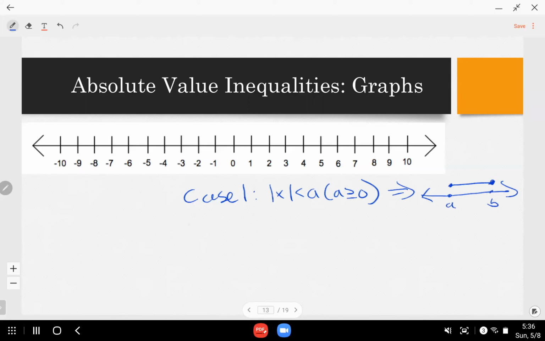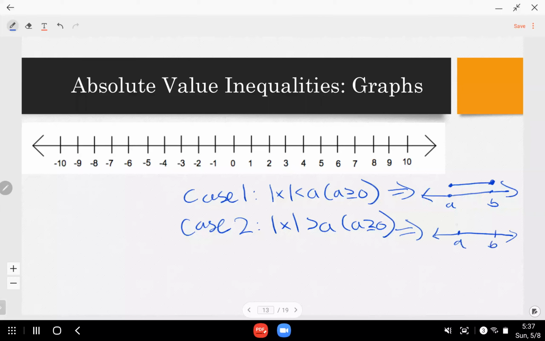For case 2, that's going to be an or inequality, so it's going to be branching out like this.